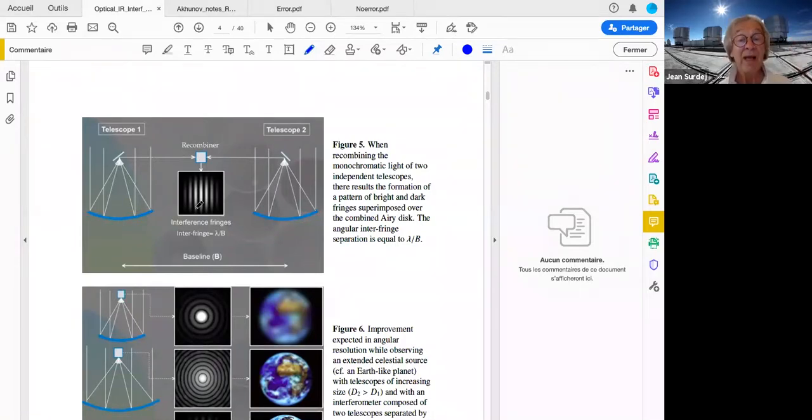The angular distance between two consecutive bright fringes or two dark ones is proportional to the wavelength, but now inversely proportional to the baseline. And this is where you get the improvement in the angular resolution of your instrument: along the line joining the two telescopes, you improve your angular resolution, as you see on the dark and bright fringes superimposed on the Airy disk.